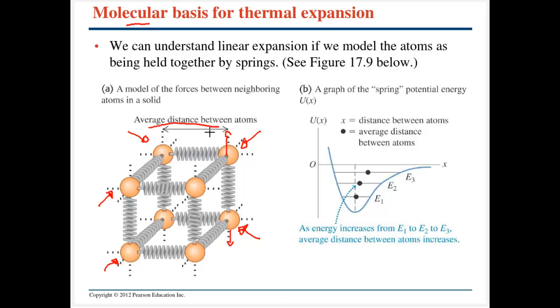The average distance between the atoms is related to how much kinetic energy the solid object has, which is related to the temperature. Now, if I add some energy to this system, essentially adding thermal energy, or having some heat flow into the object, these atoms are now going to have more kinetic energy, also more potential energy in the spring, so it's going to be vibrating with a larger amplitude.